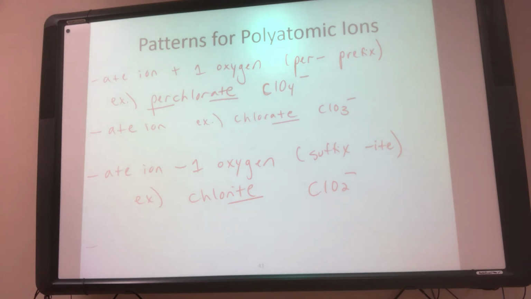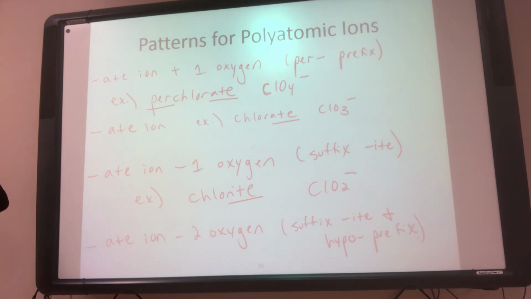And the last thing I could do is I could take my -ate, my base, and subtract 2 oxygens. I still have the suffix -ite, but I also now add the hypo prefix.